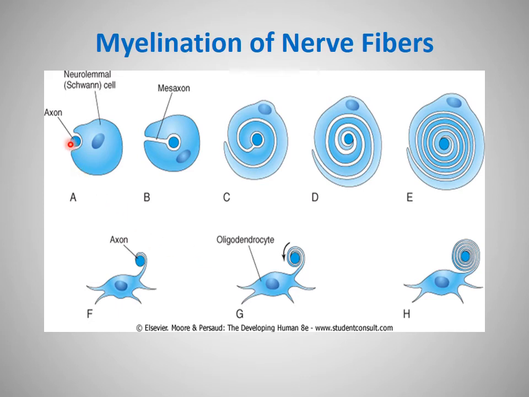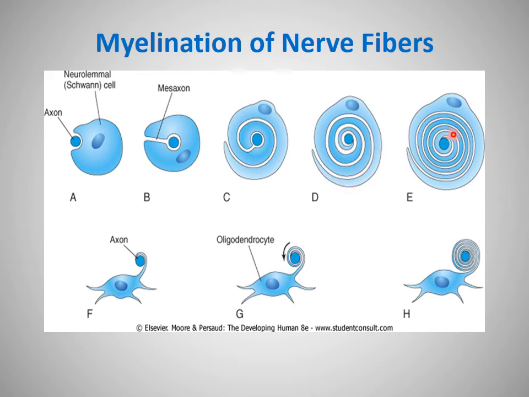First the axon indents the cell, and this indentation deepens and forms the mesaxon. And this cell wraps around the axon, and this wrapping continues so that the cell rotates itself around the axon, and the cytoplasm is squeezed between these membranes.